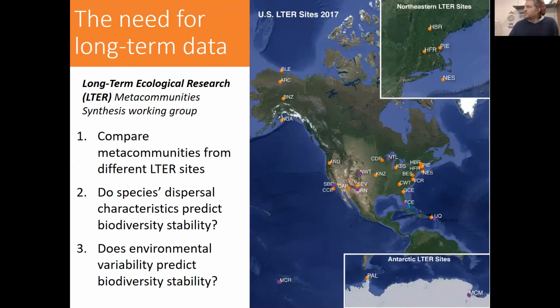Okay, so that was how we applied our compositional turnover scaling metric to one data set. But really our question is, how does this vary across ecosystems and across organisms? I just showed you what we did with the SBC data set.